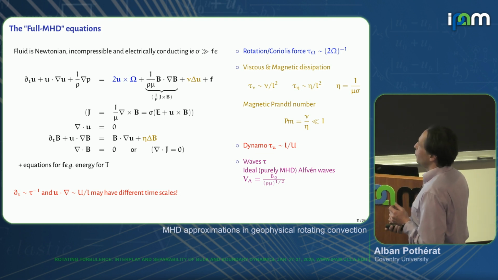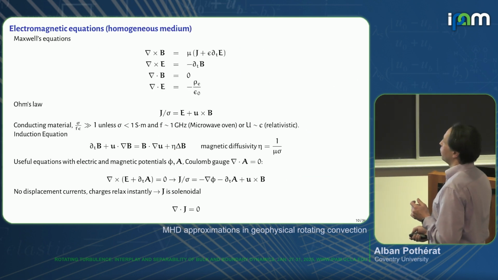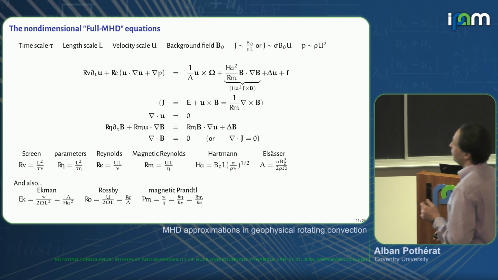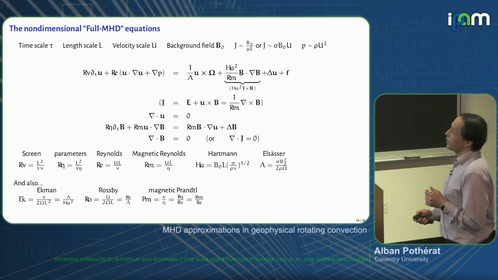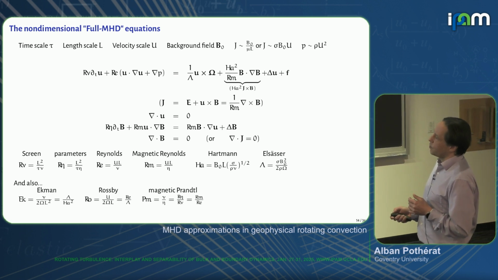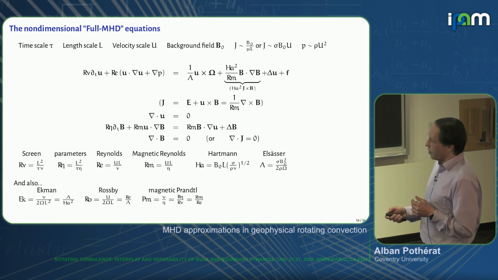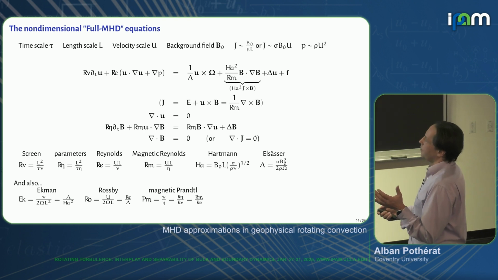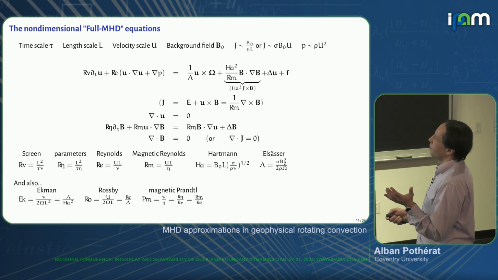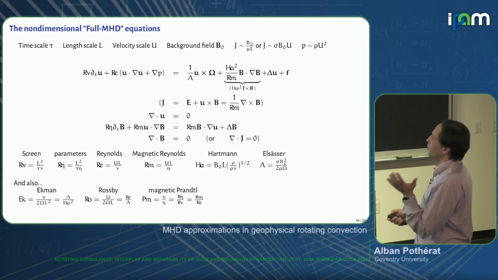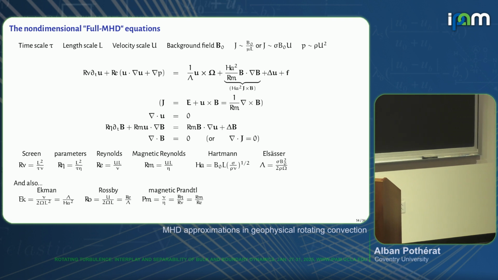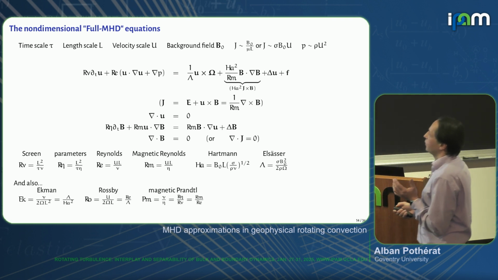Right. So how do I write this in non-dimensional form now, which is the more useful form of the equations? As I just said, you probably want a different timescale for the transport and the time derivative terms. So I'm going to leave this timescale free for now. And for the rest of the variables, I'm not doing anything really fancy: L, U, B, J. You have a choice of two, whether you want a current or a magnetic field formulation.